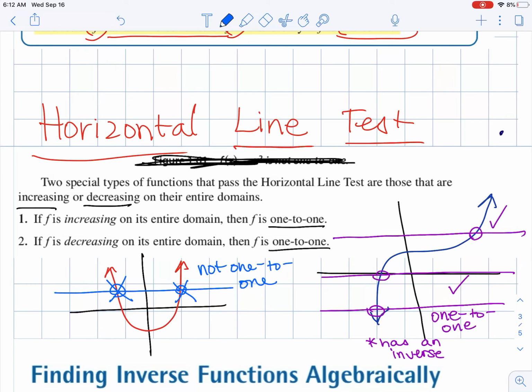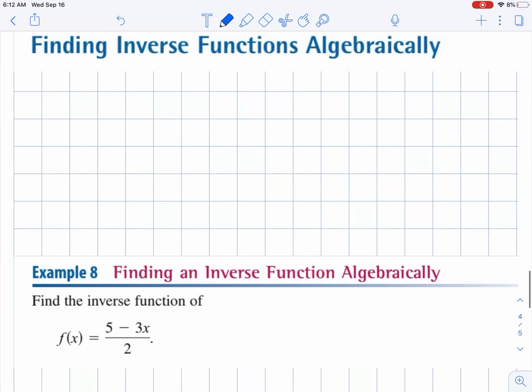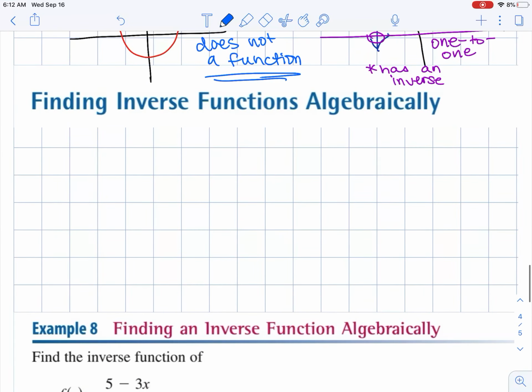So it's not one-to-one, and it does not have an inverse function. So in order for us to determine if it has an inverse, it has to pass the horizontal line test.